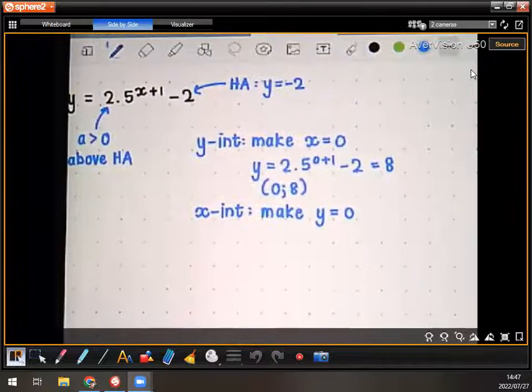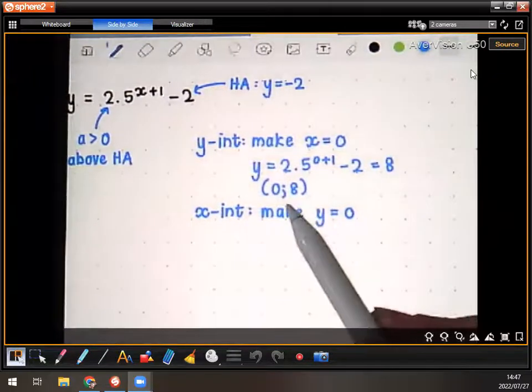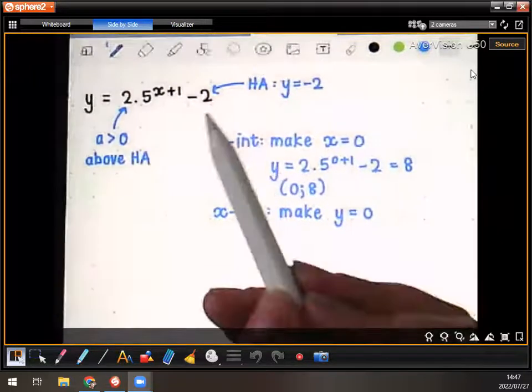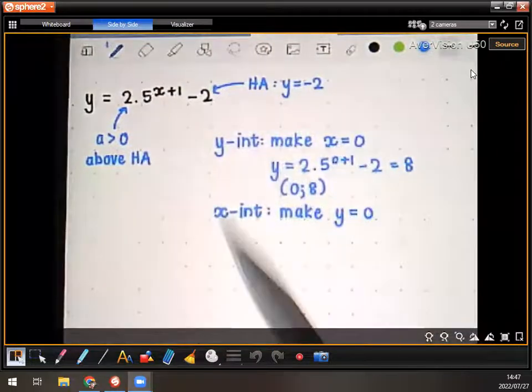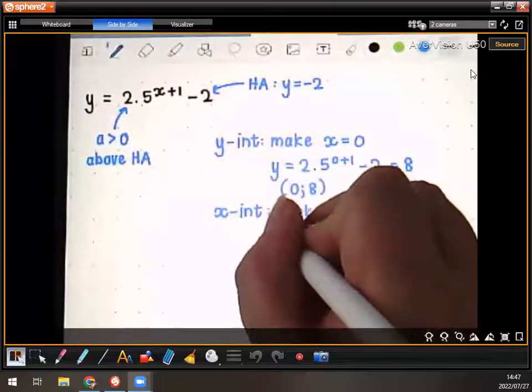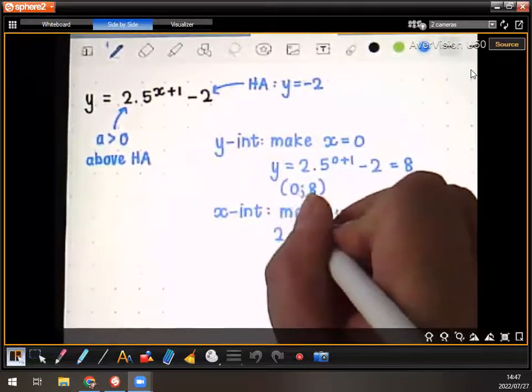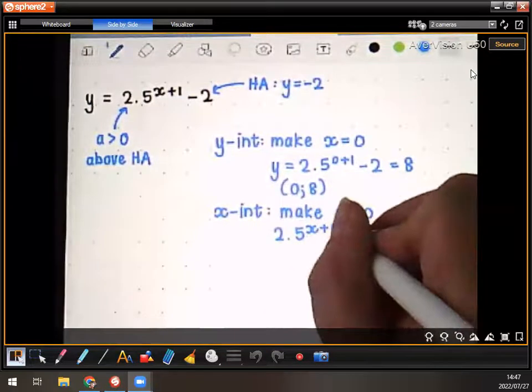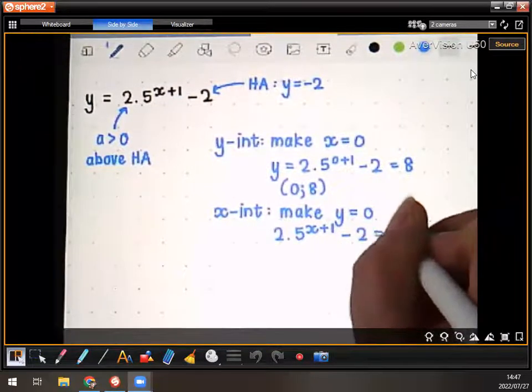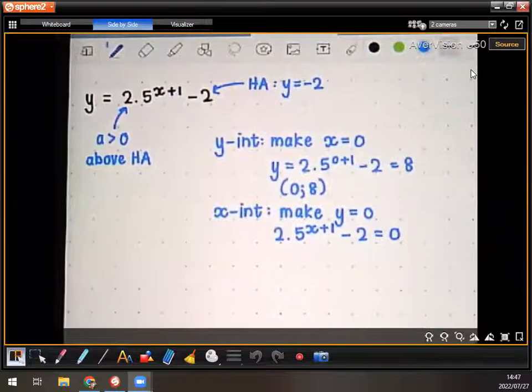Because the x-axis was an asymptote, we knew that we're not going to have an x-intercept, so we didn't even try and calculate it. We wouldn't have been able to. So here we're going to take this equation and make it equal to 0: 2 times 5 to the x plus 1 minus 2 is equal to 0.